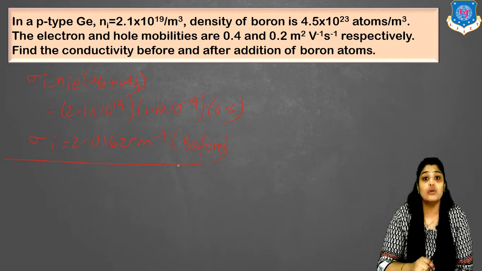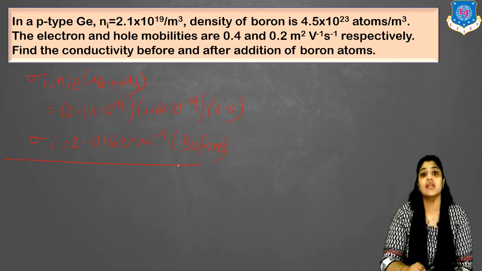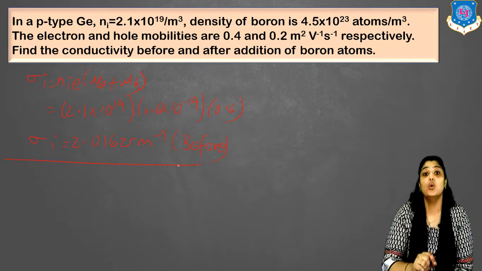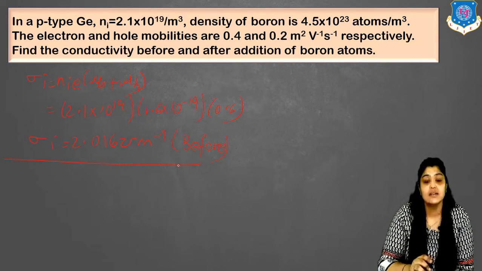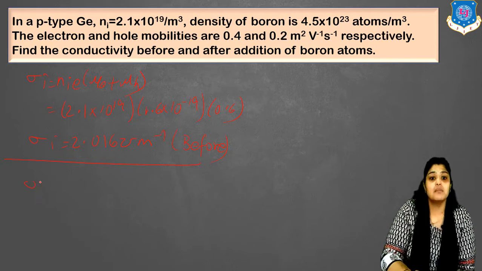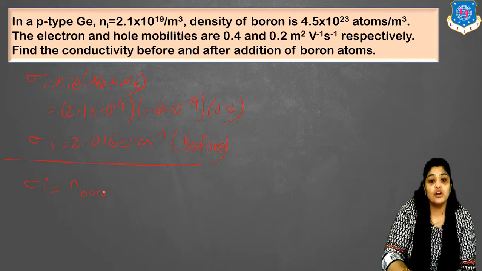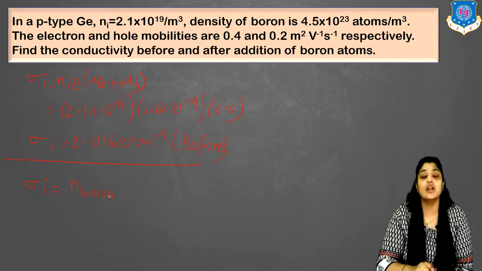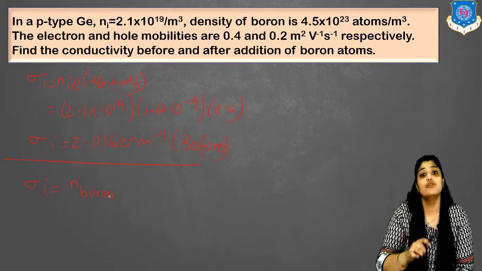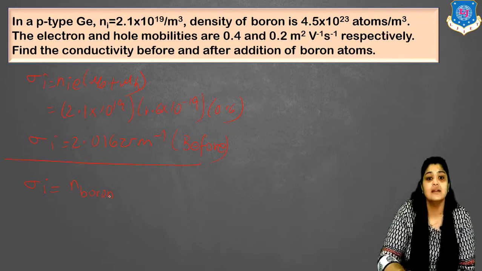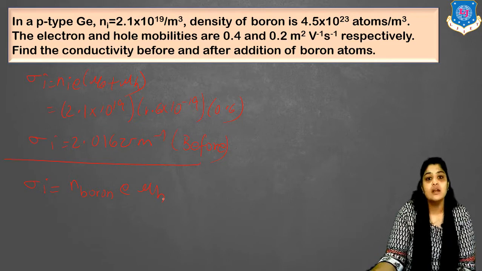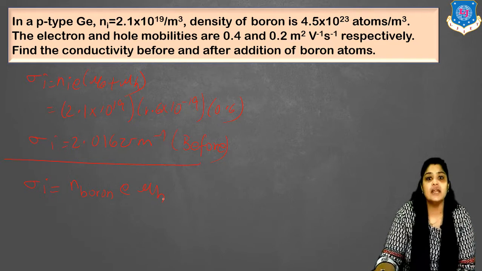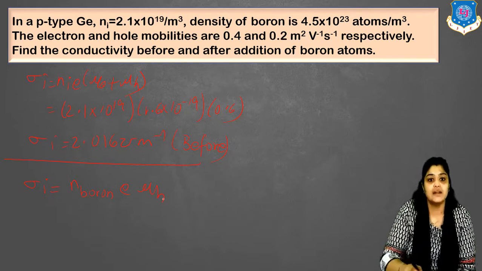Boron is a trivalent impurity, so your germanium will behave like a p-type germanium having holes as majority carriers. In that case, sigma can be given as N of boron, the number of boron atoms added, because that will be equal to the number of holes created in the valence band, into e into mu H only. Why not mu E? Because electrons are minority carriers in p-type semiconductors.